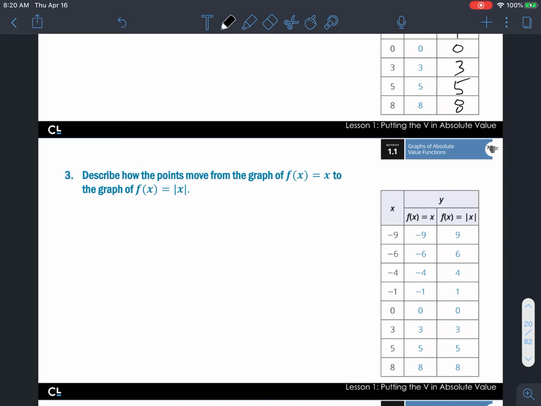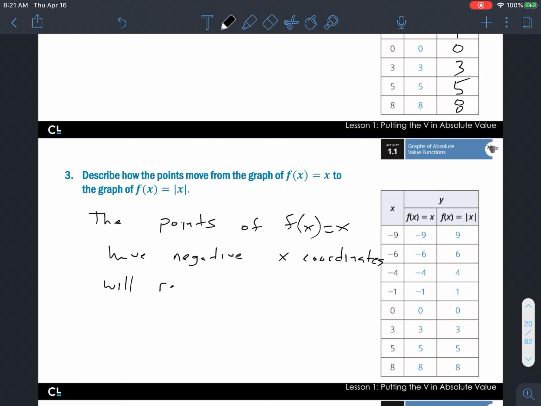So all we just say is, we could just say that the points of f of x equals x, so that's the function equals x, that have negative x coordinates will reflect, meaning go on the opposite side, across the x-axis and be positive.